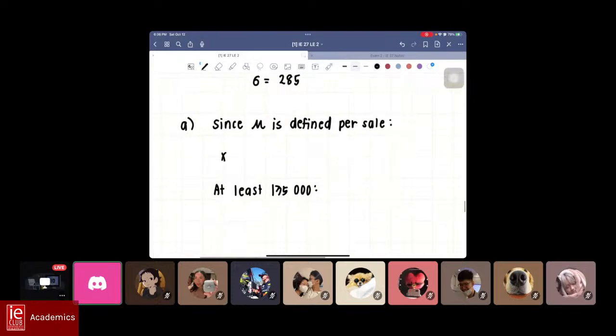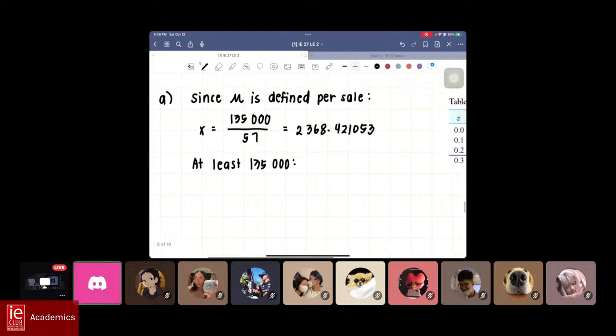So x daw is equal to 135,000 that's for closing 57 transactions. So we get 135,000 divided by 57, which is equal to 2,368.421053.